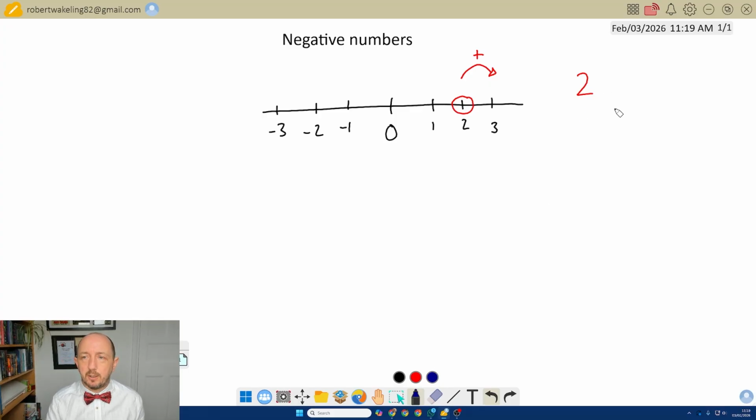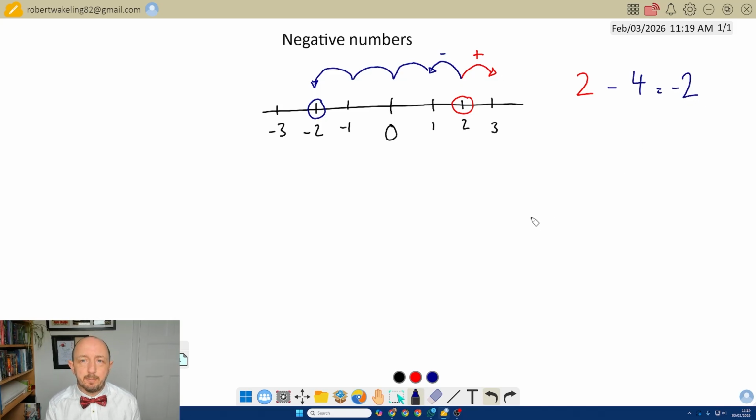But if I'm taking away, I go that way to the left. Okay, so 2 take away 4, for example, start at 2 and go to the left 1, 2, 3, 4. I would end up here. Okay, so 2 take away 4, I end up on minus 2, like that.